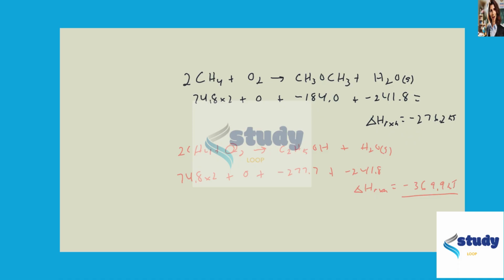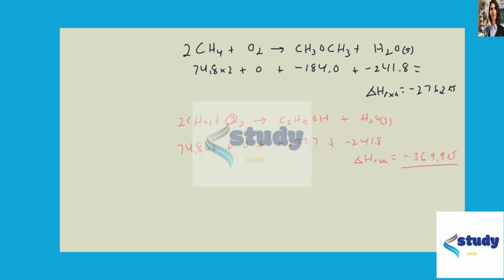All right, then what is the conversion? So to do the conversion, we have the CH3OCH3 going to C2H5OH. All right, this is a negative 276.2.